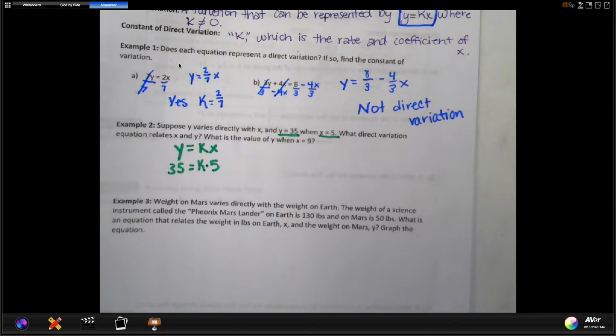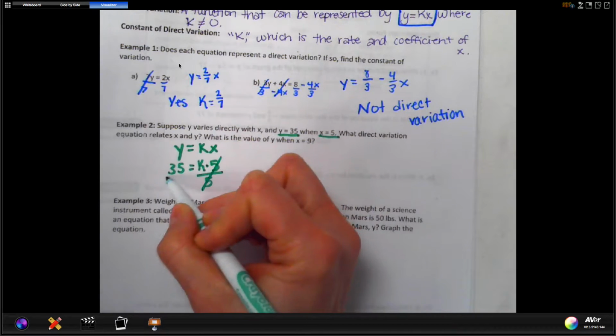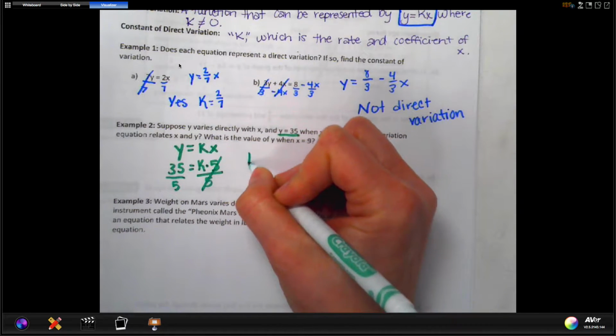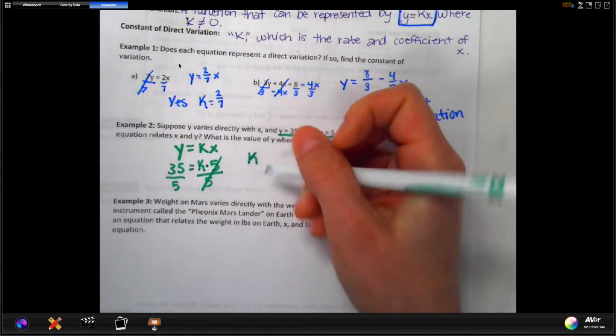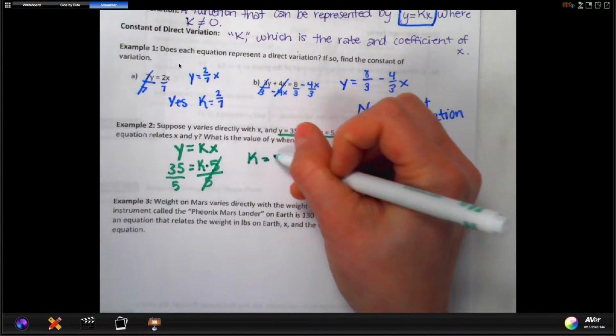So the first thing we have to do is solve for our rate, right? Our k, our constant. How do I do that? What do I do to solve for k? Emma, go ahead. I divide by 5. That's right. So if I divide this 5 out of here and divide over here, our constant of direct variation, 35 divided by 5, is 7.